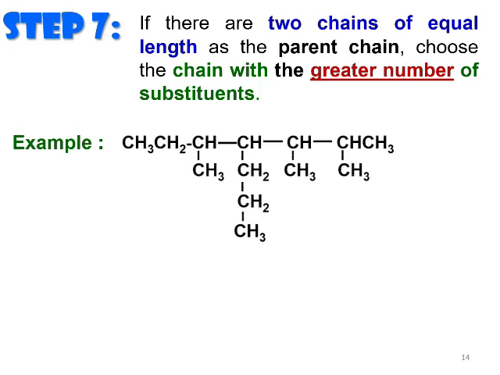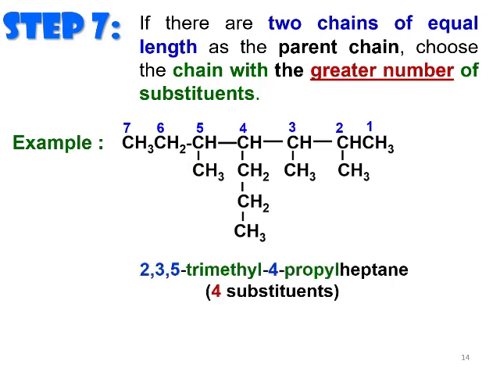Example: we have 1, 2, 3, 4, 5, 6, and 7 carbons as the parent, so the name is heptane, and we have 1, 2, 3, and 4 substituents.